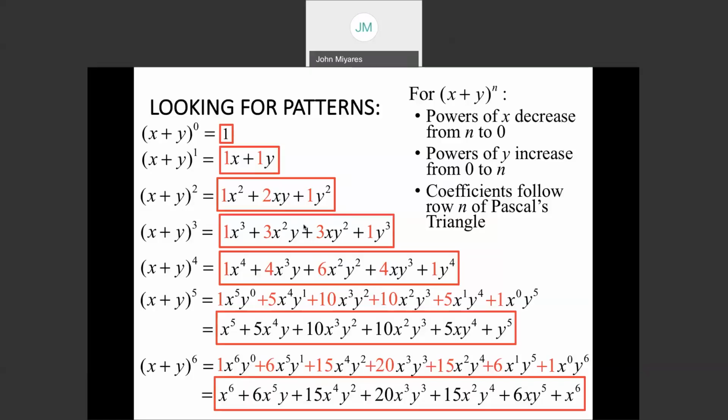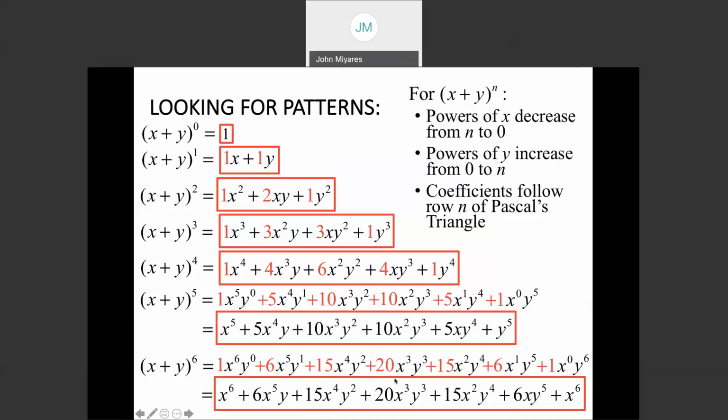You may notice that if you were to add up the powers of x and y within any one term, they will always add up to the power that we're raising the expression to. In the first term, you just have x to the 6th, which we could combine as y to the 0. 6 plus 0 is 6. The second term, I have x to the 5th, y to the 1st, 5 plus 1 is 6. In the third term, x to the 4th, y to the 2nd, 4 plus 2 is 6.